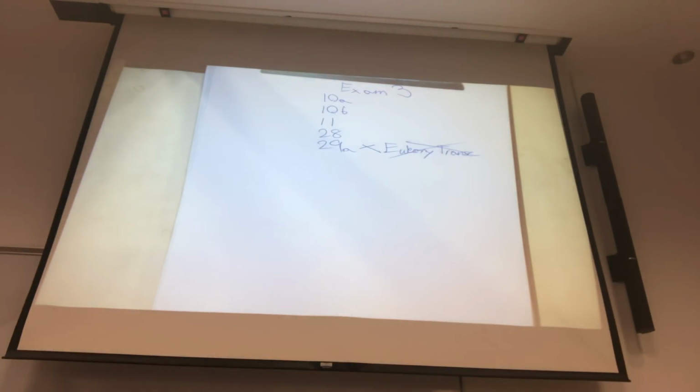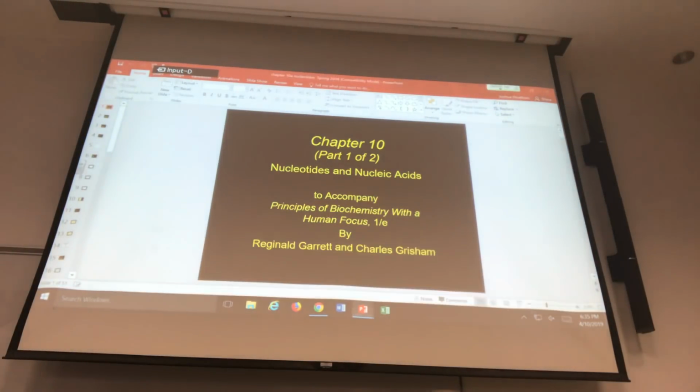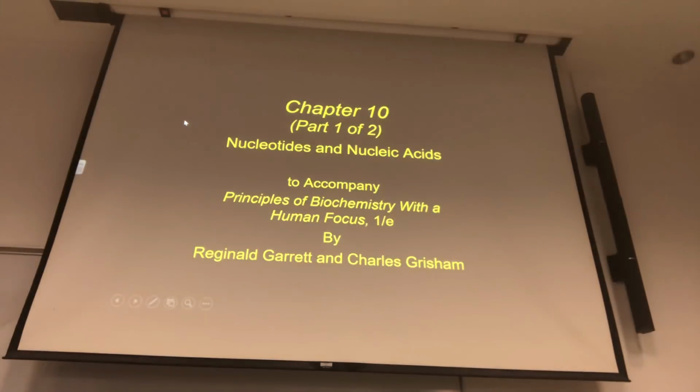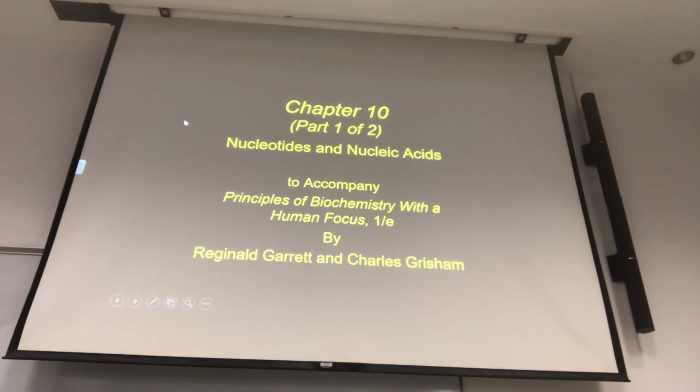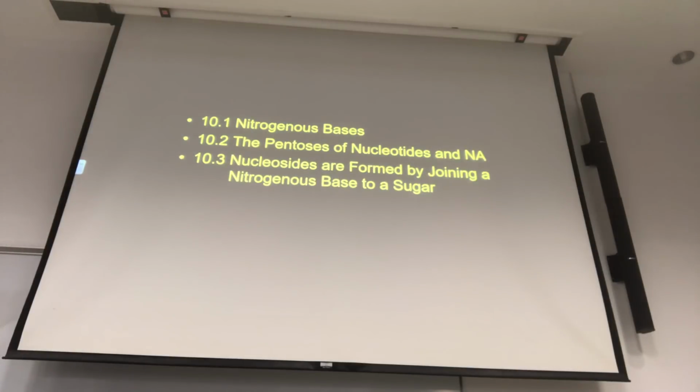Other than that, I will get started, and we'll start, of course, with 10A. So, what was the important part of 10A? 10A was to introduce you guys to the concept of the central dogma and the components of the central dogma, which really is the nucleic acids.